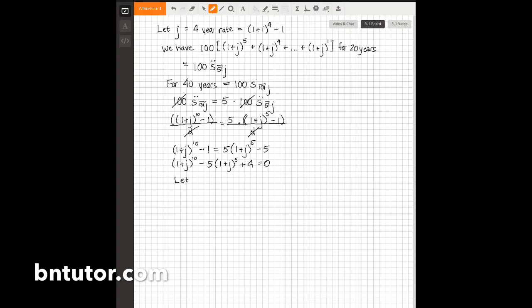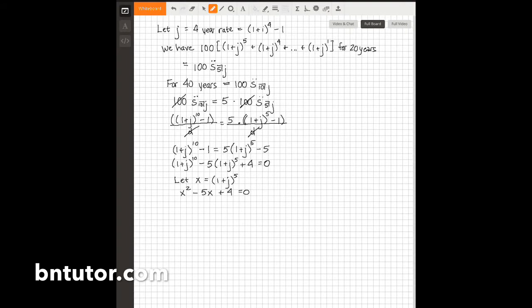To solve this, we'll do some algebraic substitution, letting x be equal to 1 plus J to the 5th. That'll make it slightly easier to work with this problem. The rewritten equation is x squared minus 5 times x plus 4 equals 0.